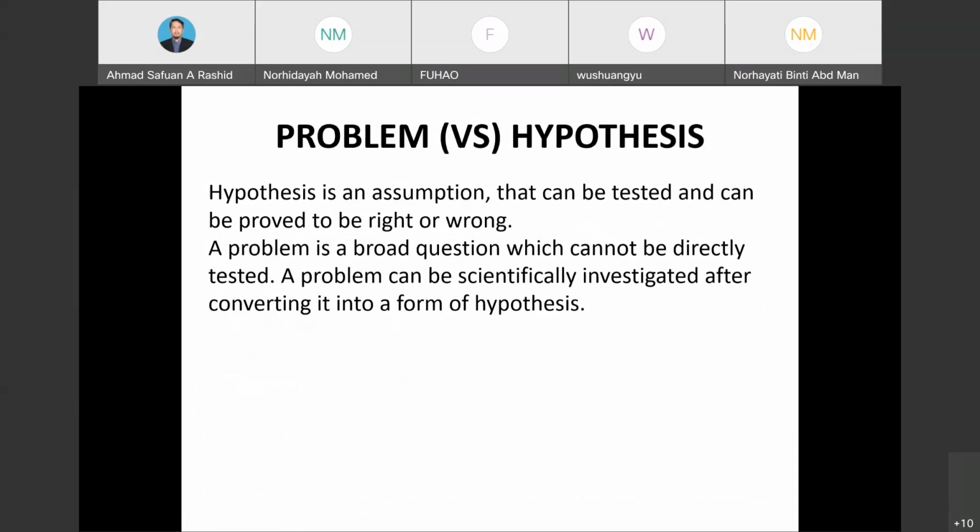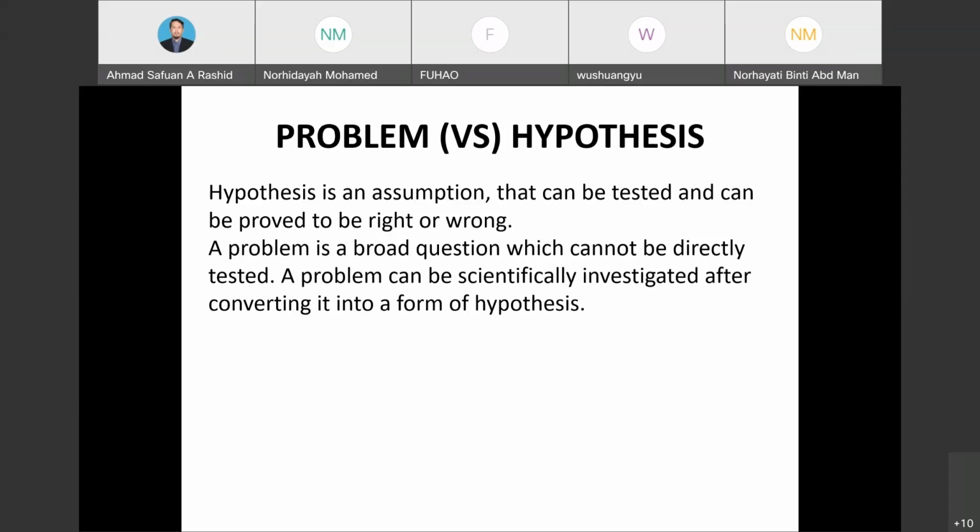Okay. Problem versus hypothesis. A hypothesis is an assumption that can be tested and can be proved to be right or wrong. Okay. A problem is a broad question which cannot be directly tested. A problem can be scientifically investigated after converting it into a form of hypothesis.